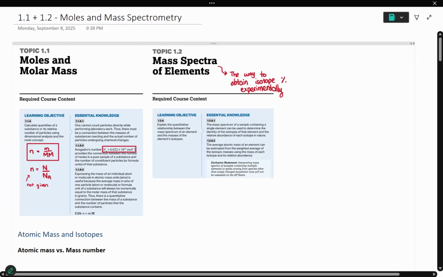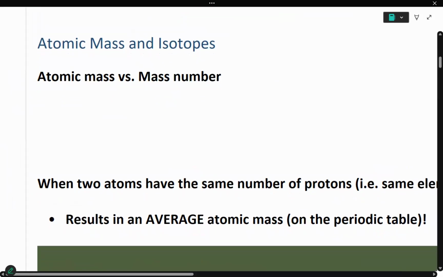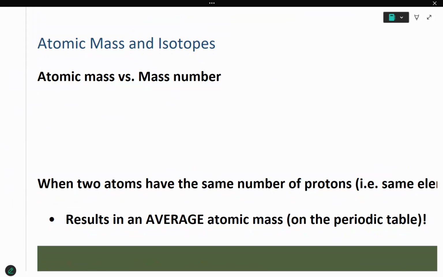So with that said, let's talk about some of the things we learned last year or even the year before. So atomic mass versus mass number. What is the difference? One of them has to do with subatomic particles and counting them. One of them.